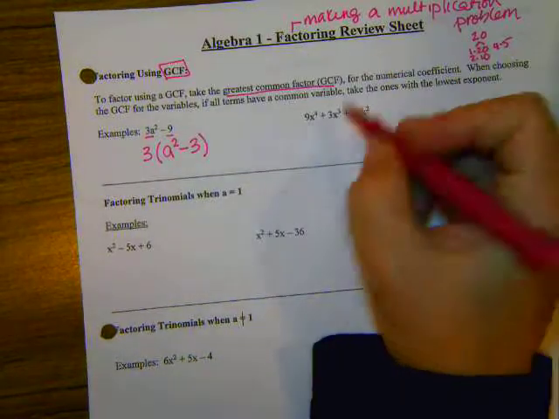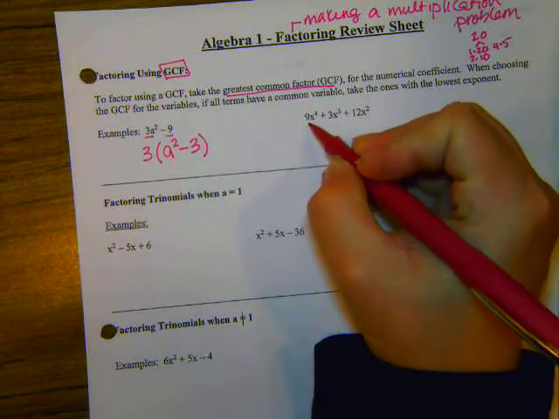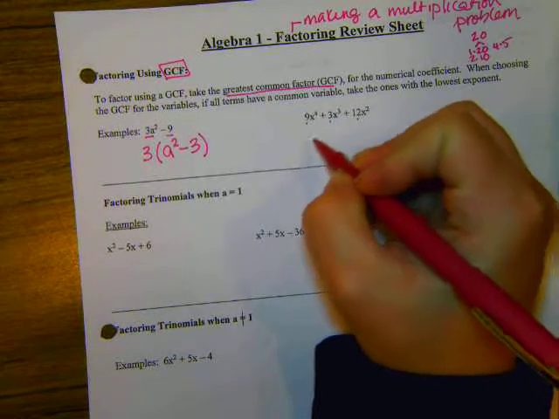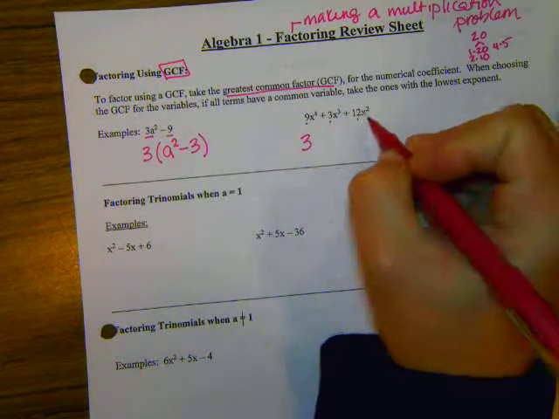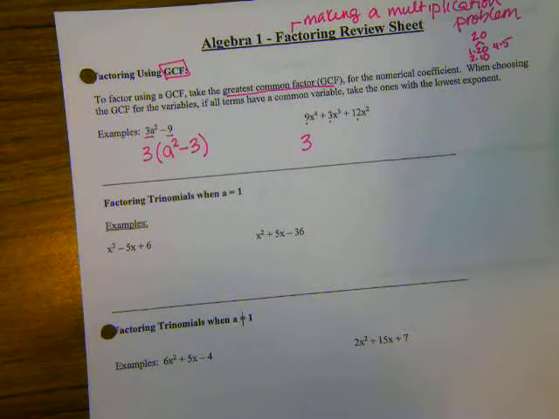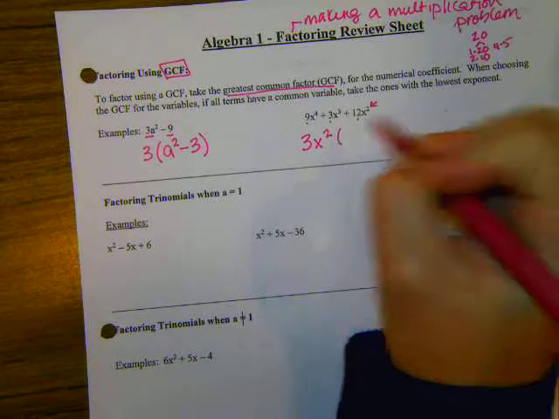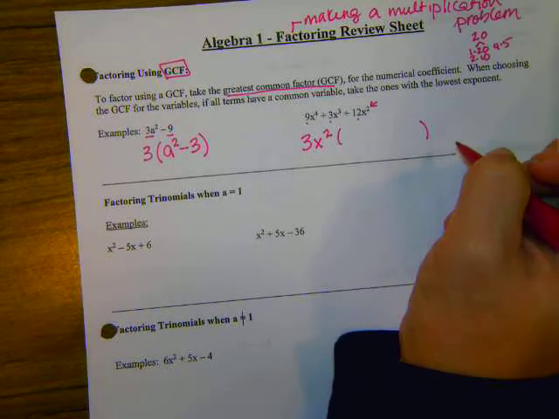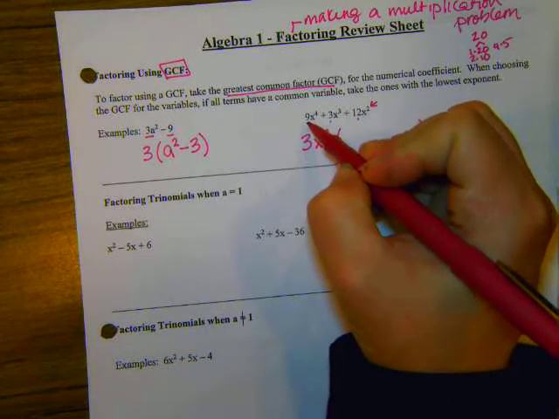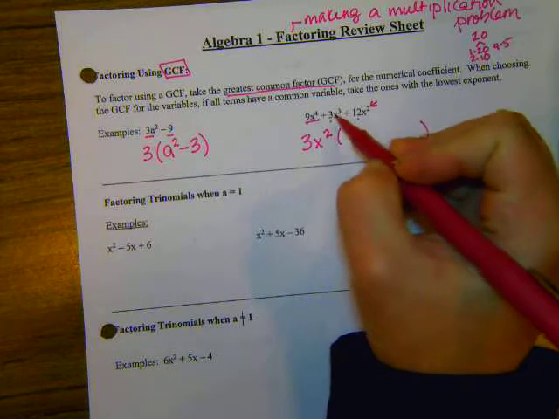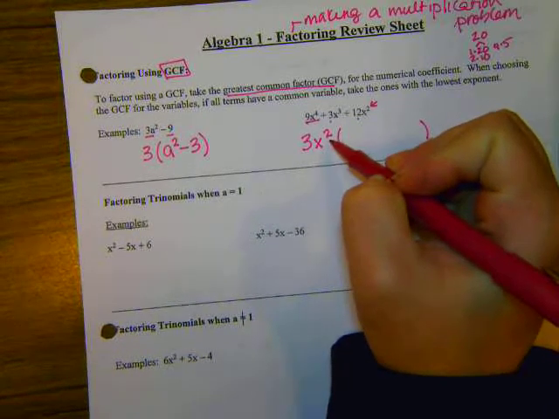If there are 3 terms, same concept. You can see the numbers are 9, 3, and 12. Well, 3 is the highest number that goes into all of those. But look, they all have the variable x. You always want to take out the lowest amount, which is x squared. So our GCF there is 3x squared. You want to divide these terms all by 3x squared.